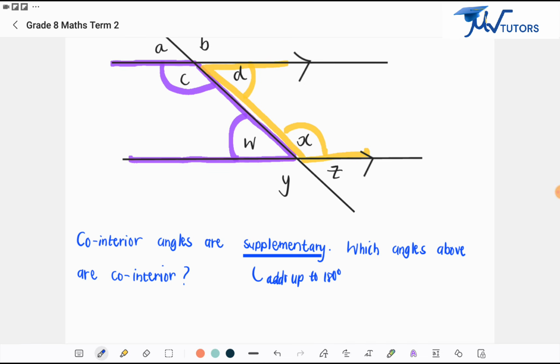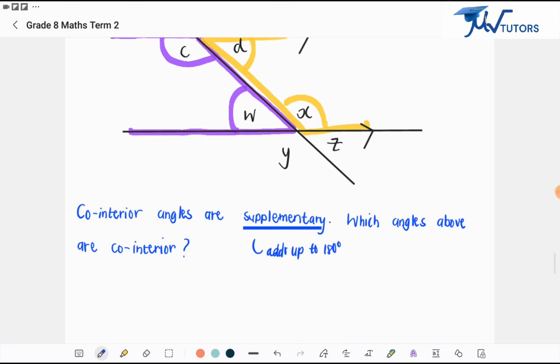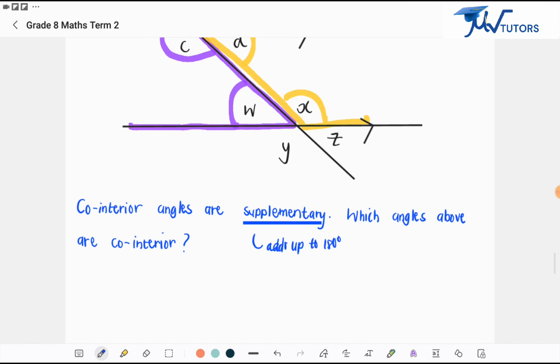Also angle D plus angle X, that will be equal to 180 degrees. So we can then answer the question that asks which angles above are co-interior. So that's basically angle C and angle W, as well as angle A and angle X.